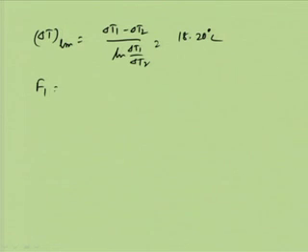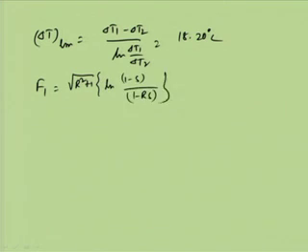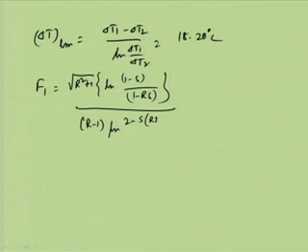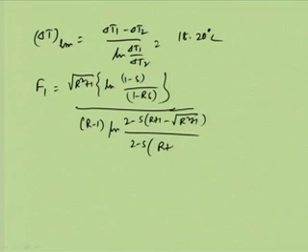Ft has been calculated using the formula: root over of r square plus 1, ln of (1 minus s) by (1 minus rs), by (r minus 1), ln of (2 minus s into (r plus 1 minus root over of r square plus 1)) by (2 minus s into (r plus 1 plus root over of r square plus 1)).